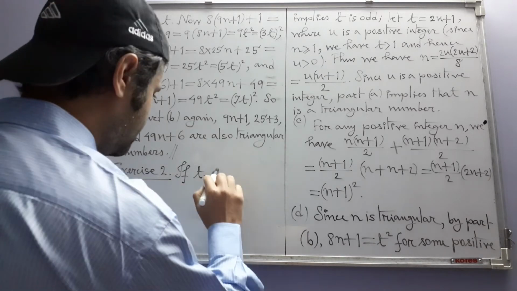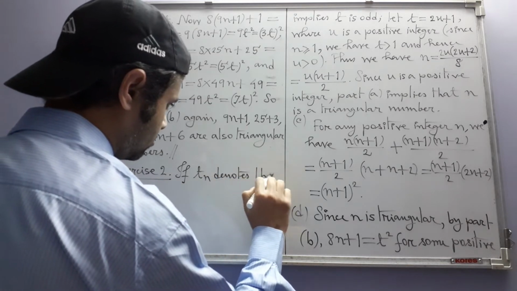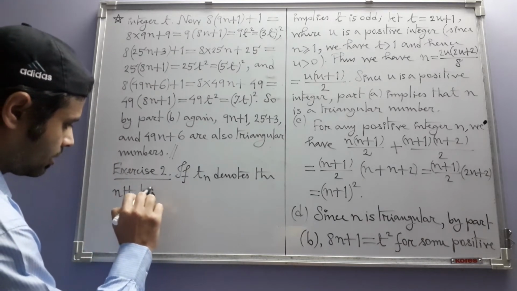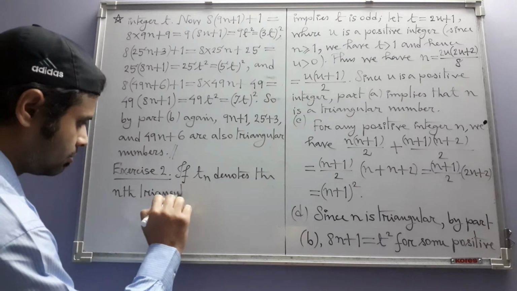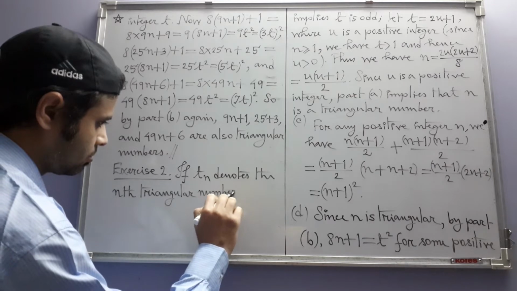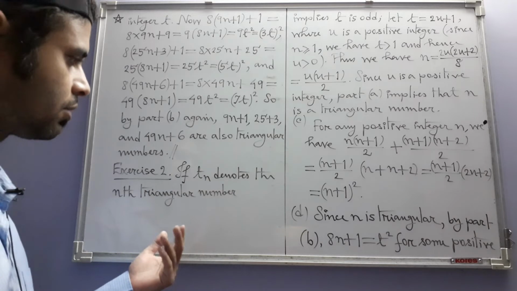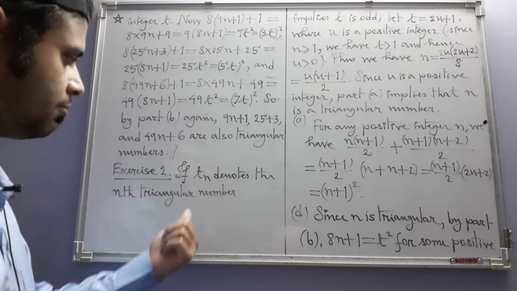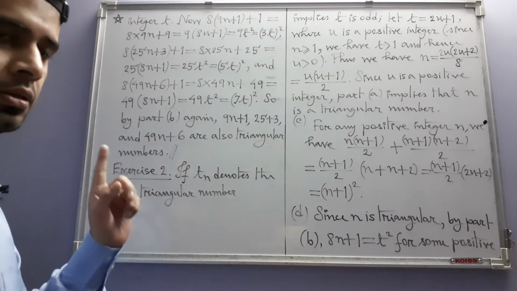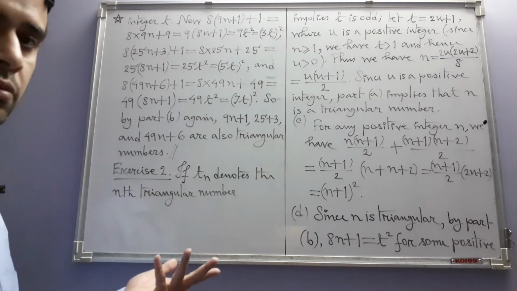If Tn denotes the nth triangular number, we are going to use this notation throughout this book. Wherever triangular numbers appear, Tn will denote the nth triangular number. So for example, T1 is 1, T2 is 1 plus 2, that is 3, T3 is 6, T4 is 10, and so on.